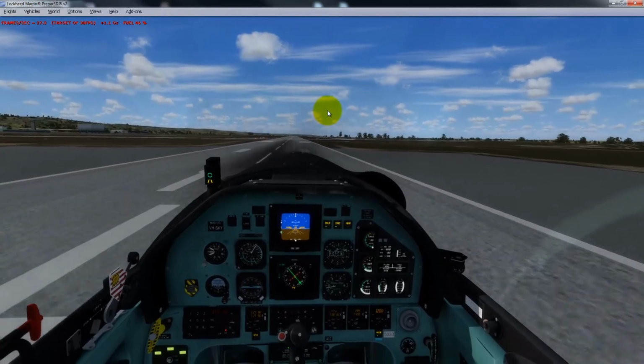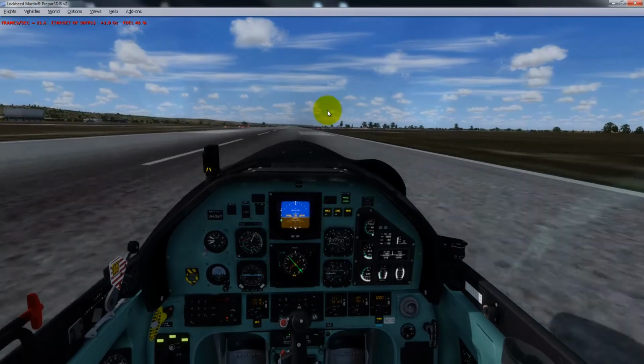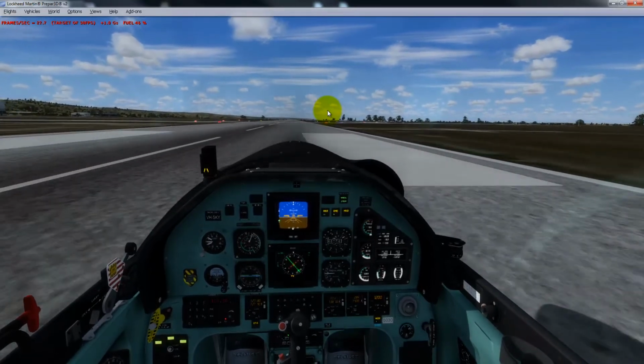As the runway flattens out, bring that nose up and let the aircraft just bring itself down.